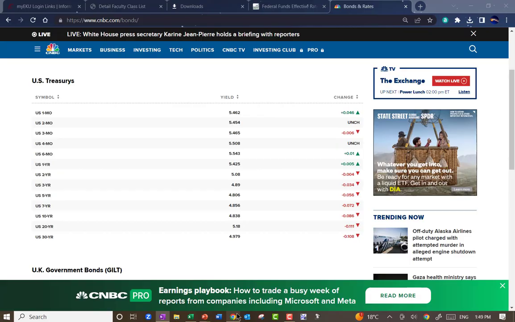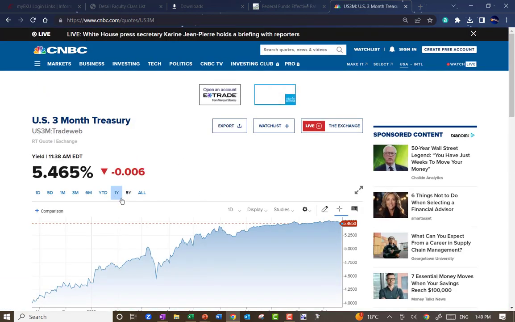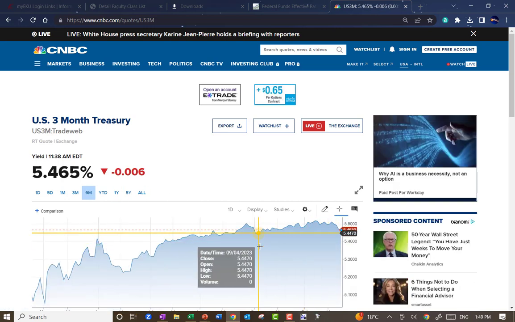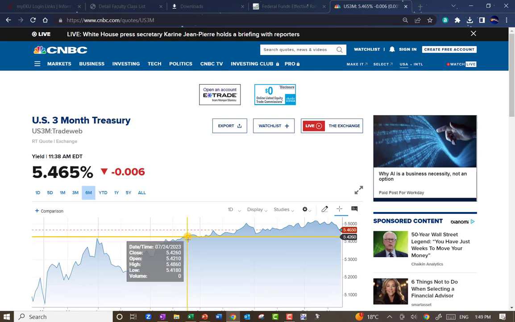For example, let's go back to 3-month Treasury yield. All right, currently 5.465, right? Today is 10, so let's look at 7/23. If I had originated this loan in July 23, my first payment is going to be based on 5.426, okay?